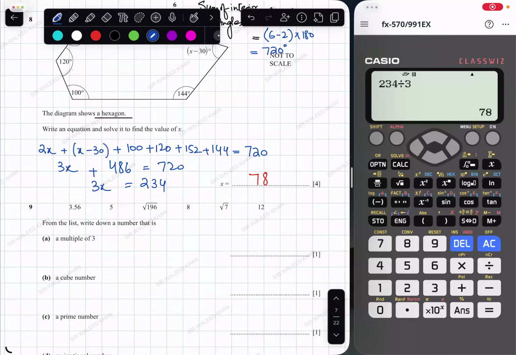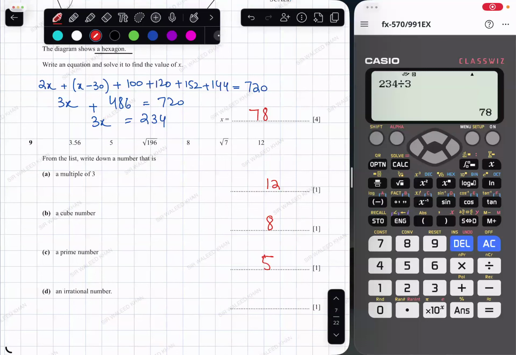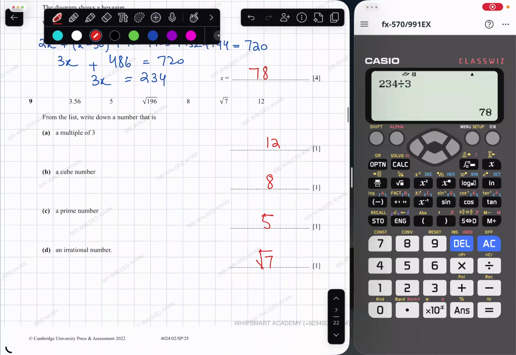So we have 12 over here, a multiple of 3. A cube number: 8 is a cube number. A prime number: 5 is a prime number. An irrational number: you take the square root of any non-square number, that is irrational.